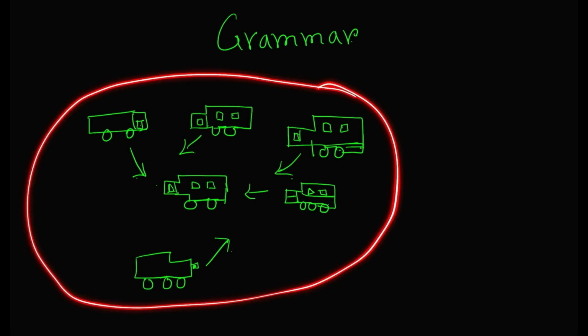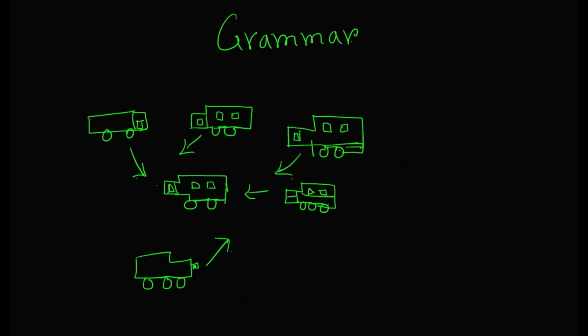As you can see in this picture, there are so many cars. Imagine there were no traffic rules. Cars could go anywhere, anytime, right? So there would be confusion. The same is true in language also.